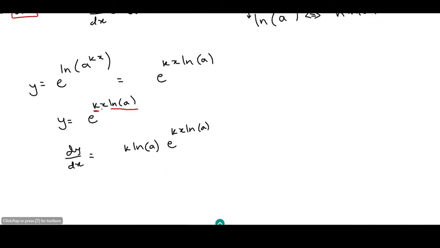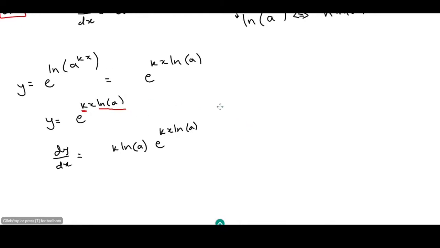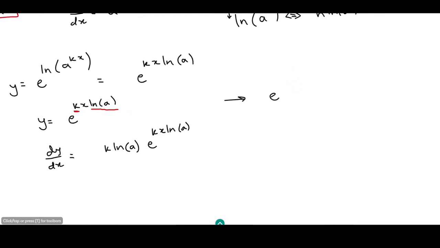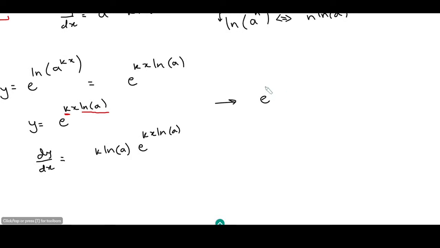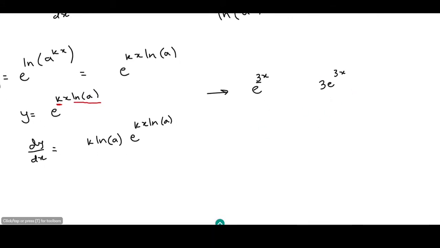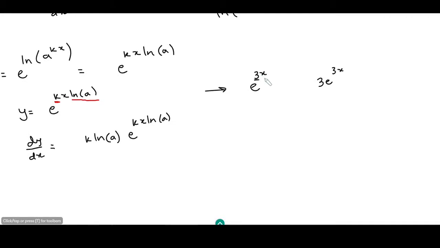This is like saying, for example, let me work backwards first. You know that e to the 3x differentiates to give 3 e to the 3x, because 3 is a constant, and we're differentiating with respect to x.